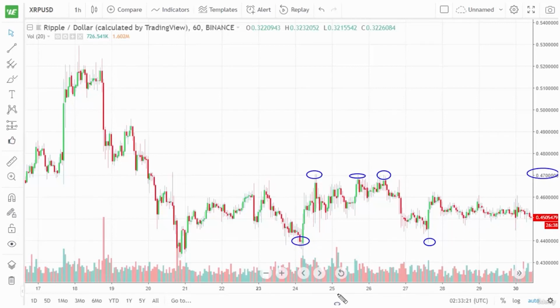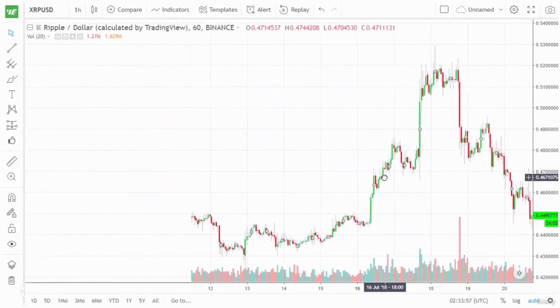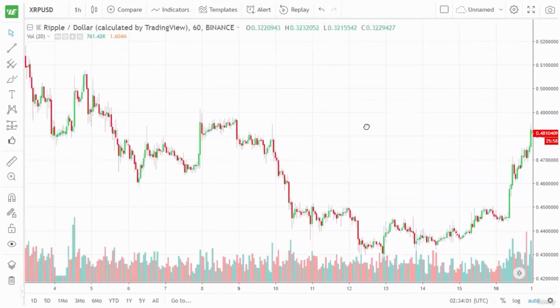So, look at your charts. Look for 2 and 3 attempts to break through a level and a failure. Those are the areas where the market is telling you, in not so subtle terms, I might add, that the buyers or sellers just simply can't get through.